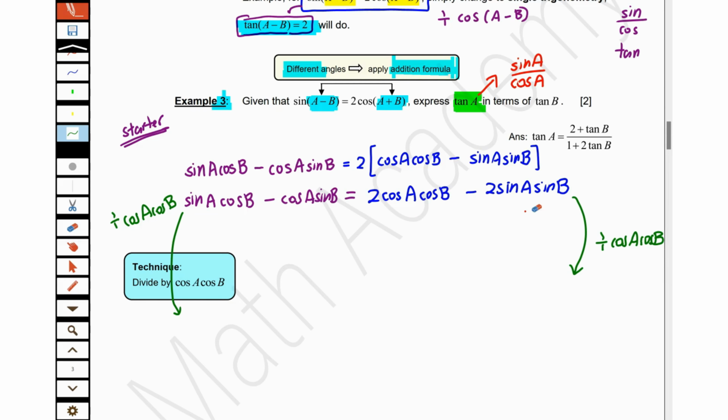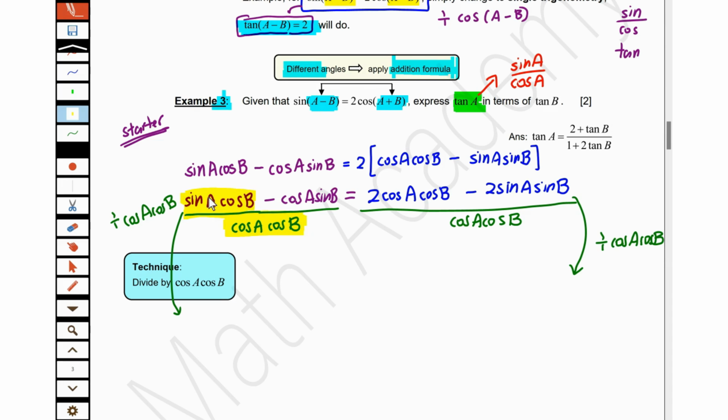I'll basically write down division by cosine A cosine B. If you're a more visual person, you may need that to visualize how to do the cancellation later. Okay, let's do this sharing.